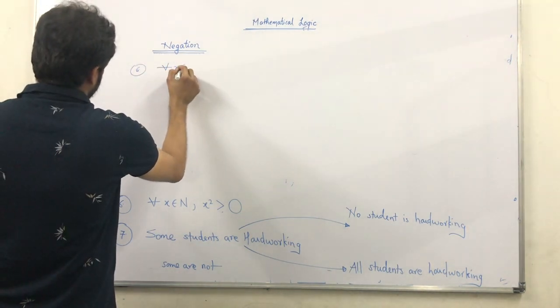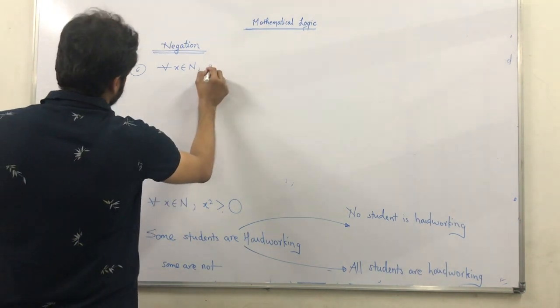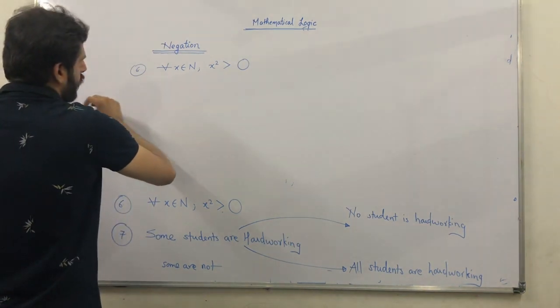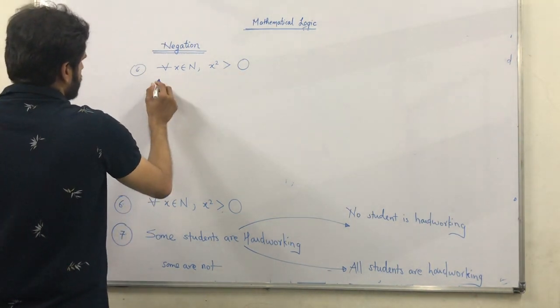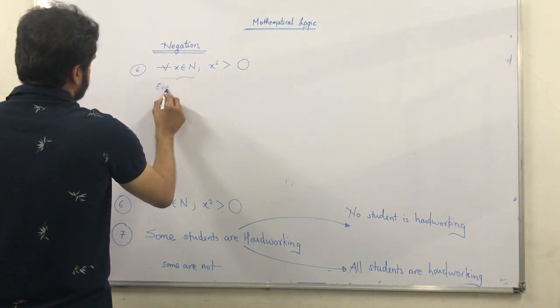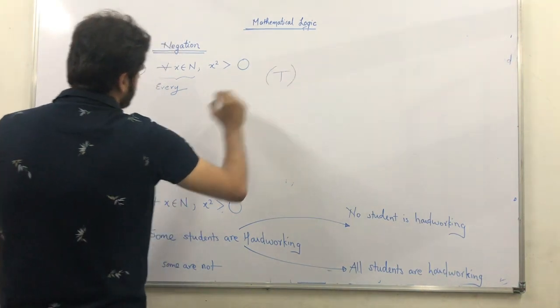Okay. The last statement, here I have used universal quantifier: for all x belonging to a set of natural numbers, x square is greater than 0. If you want to write negation of this, universal means every natural number x square is greater than 0. It is a true statement. I am going to make a false statement now.